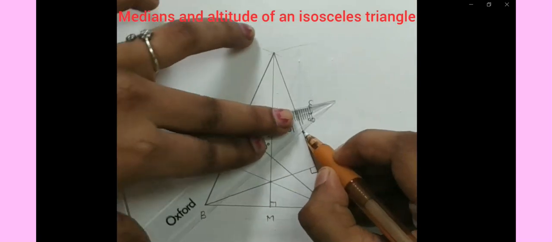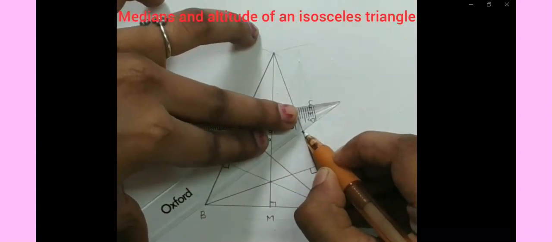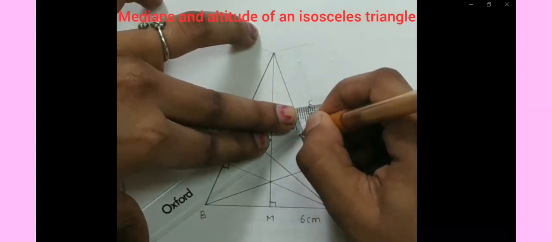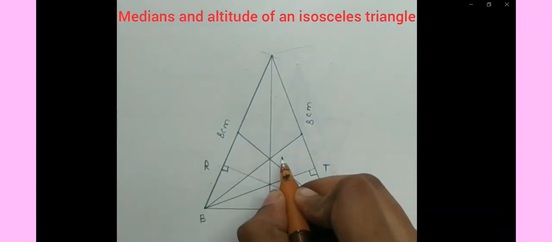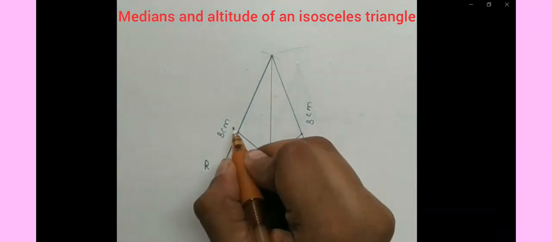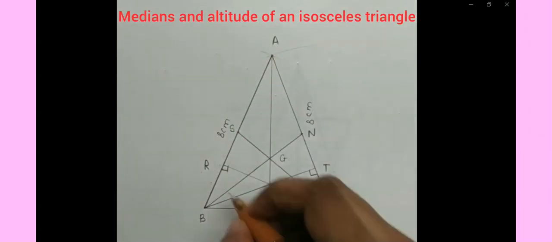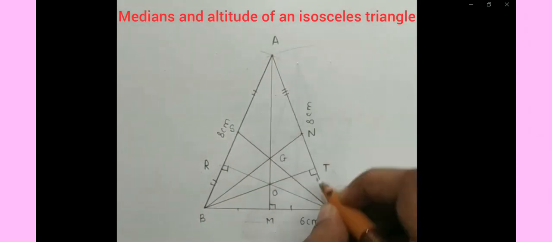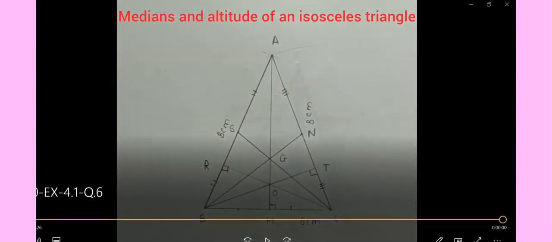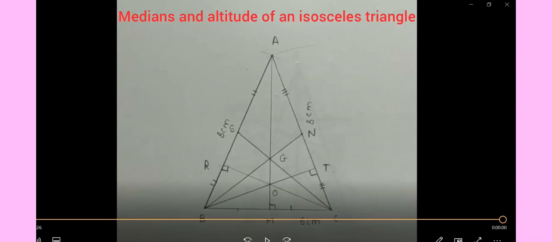Now the medians. For the medians, we want to join only the midpoint of the side and its opposite vertex, and the point G. See this. Orthocenter and the centroid lie on the same segment AM, and in this way we have completed the medians and the altitudes of an isosceles triangle.